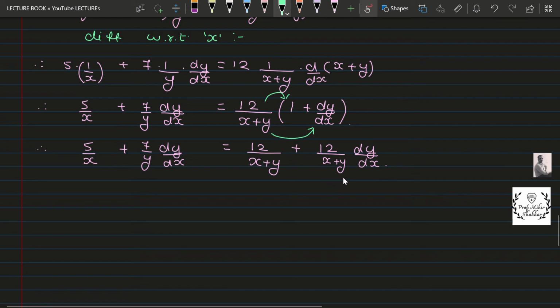Now what we do over here is we take this element on the opposite side with a minus sign, and this 5 upon x goes on the right hand side with the minus sign. We are doing it like this because I have to take the terms of dy by dx together.